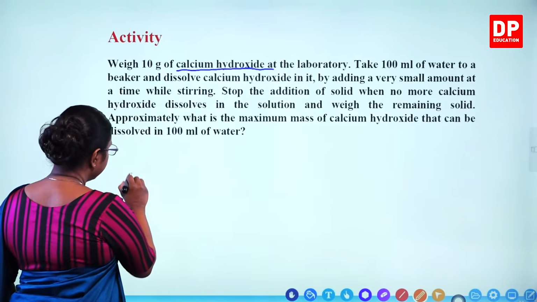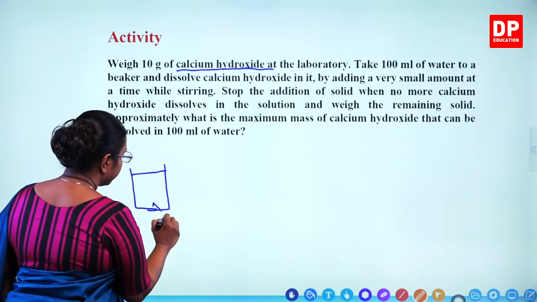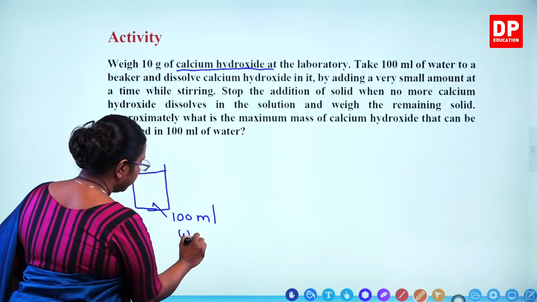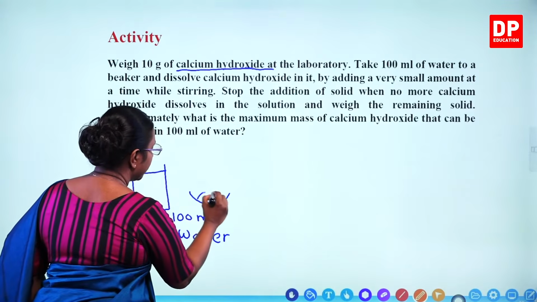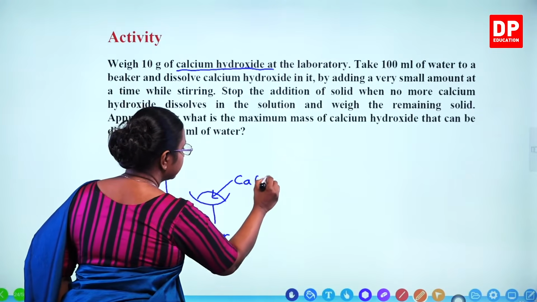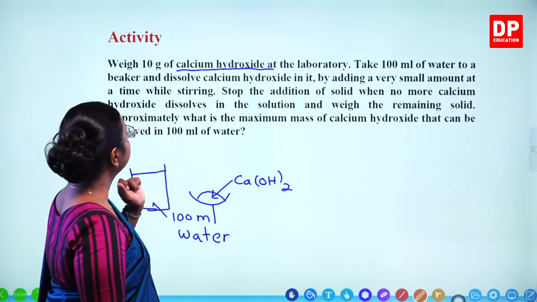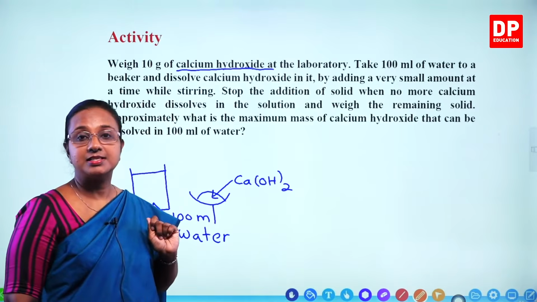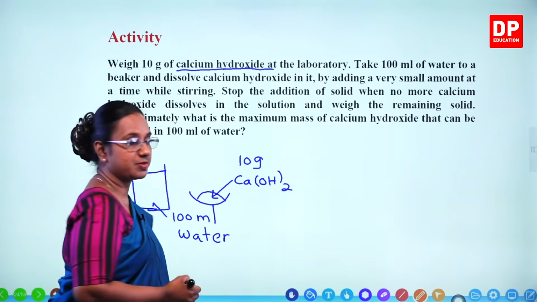So, again here we take a beaker, we take 100 milliliters of water, and in a watch glass, here we are going to take calcium hydroxide, but we will take only 10 grams of calcium hydroxide. So this is only 10 grams.